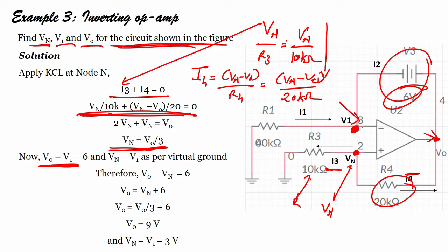So, Vo minus Vn equals 6, therefore Vo will be Vn plus 6.